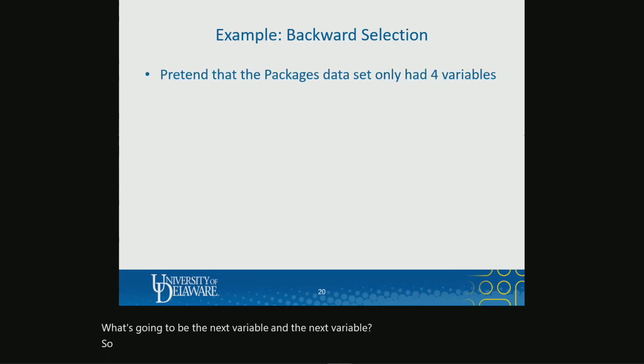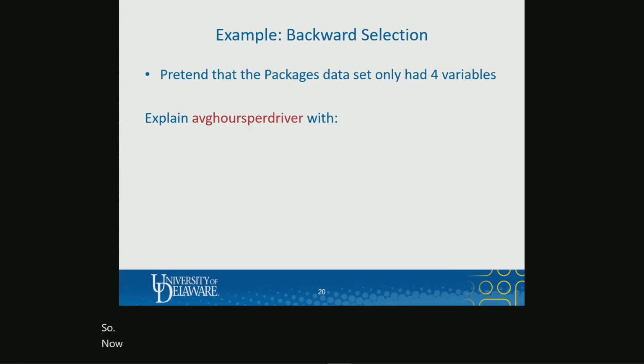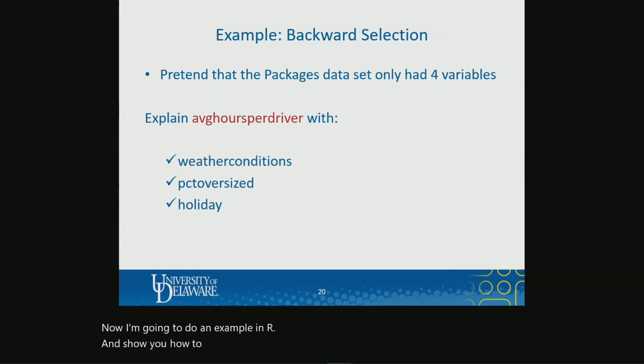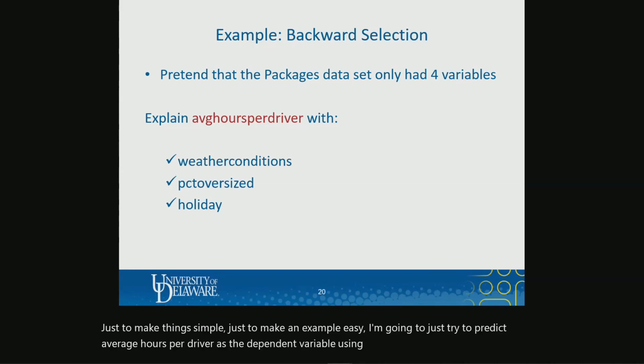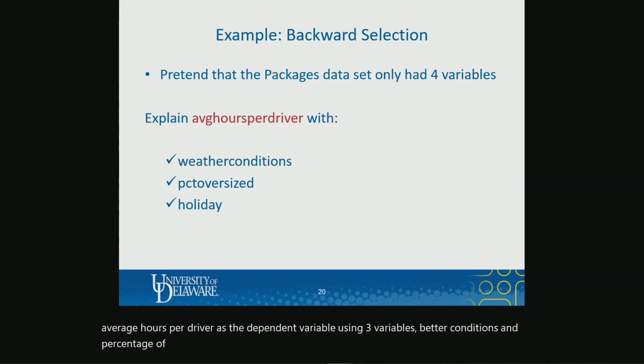So now I'm going to do an example in R and show you how to select a variable in R. Just to make the example easy, I'm going to predict average hours per driver as a dependent variable using three variables: weather conditions, percentage oversized, and holiday.